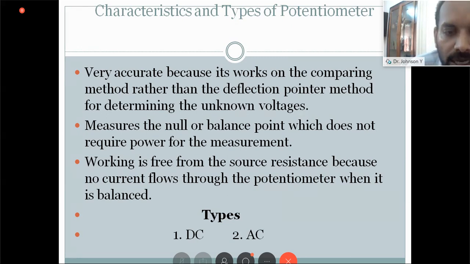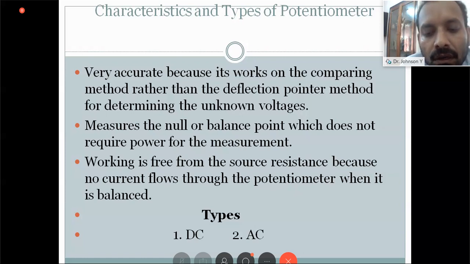Here it measures the null or balance point, which does not require power for the measurement. As I said earlier, current flow at that time is 0, so there is no need of power for the measurement, and its working is free from the source resistance because no current flows through the potentiometer when it is balanced.